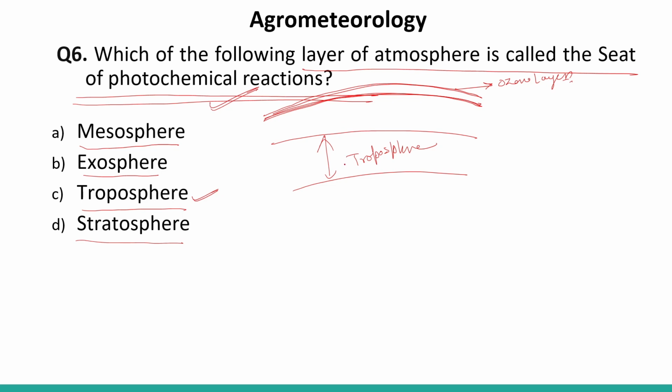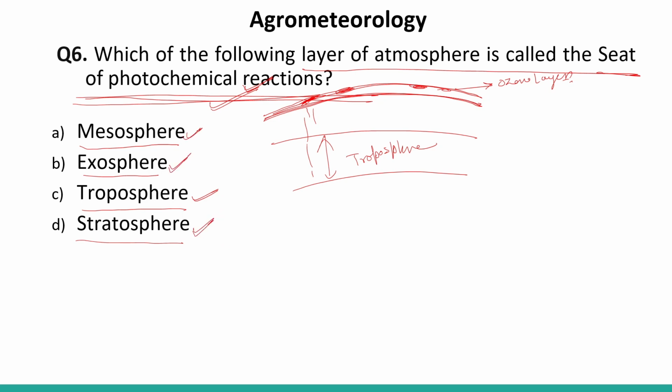When some chemicals like chlorofluorocarbons or aerosols reach above, this ozone layer gets depleted due to photochemical reactions, and an ozone hole is formed. So this is the seat of the photochemical reaction. We can say the stratosphere is the seat of photochemical reaction.